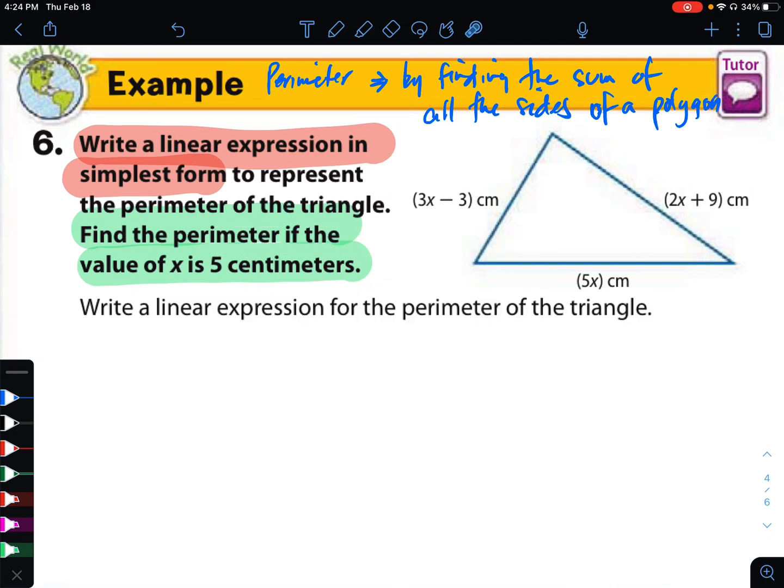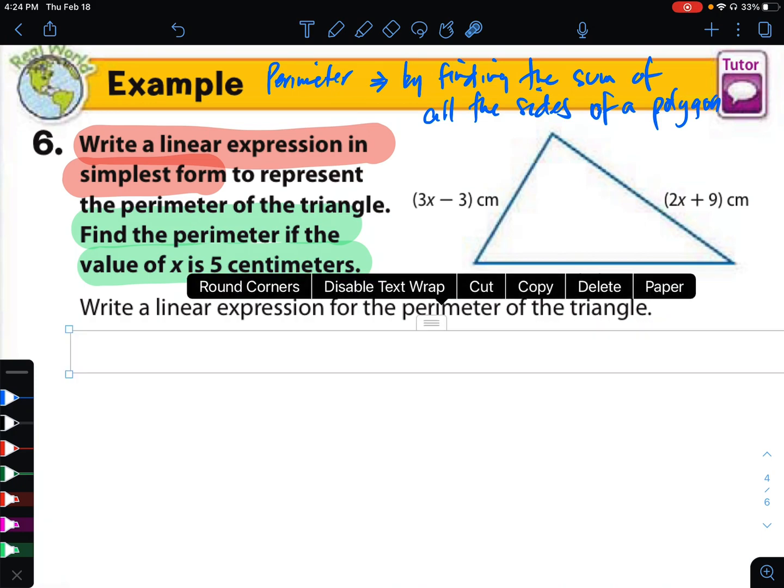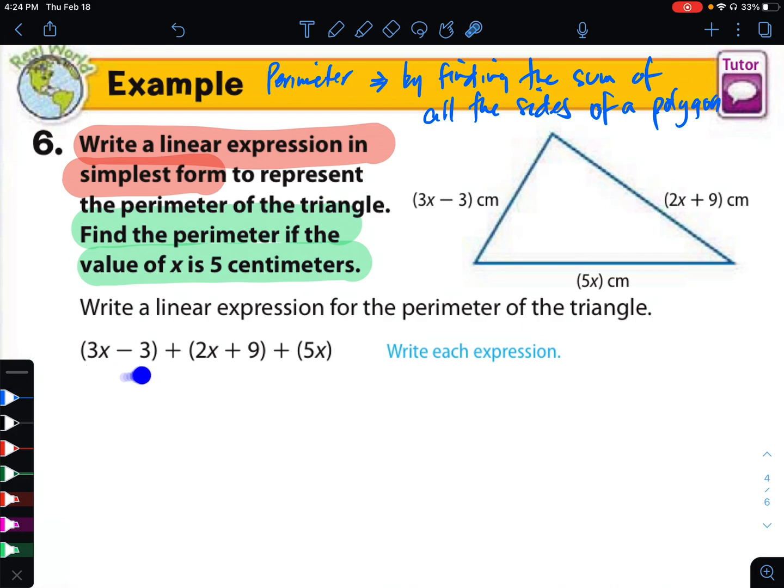So we first write the linear expression for the perimeter of a triangle, meaning we're adding all the sides, which is 3x minus 3, plus 2x plus 9, plus 5x. Rearranging the terms using the commutative property of addition, I have 3x plus 2x plus 5x, plus negative 3 plus 9.